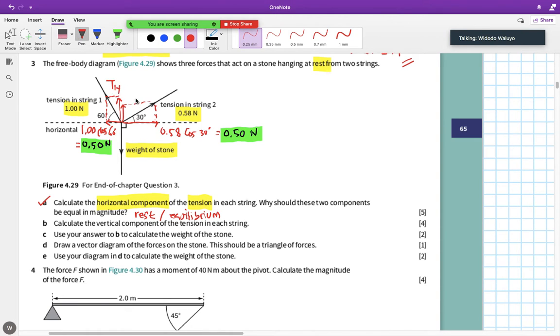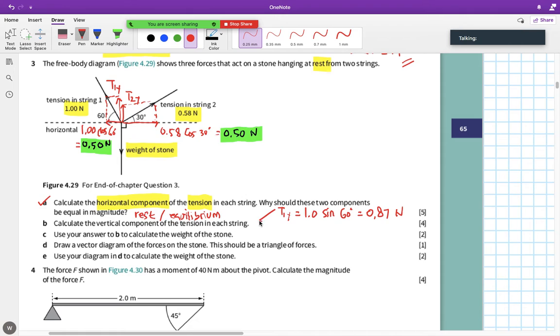T1 y equals 1.0 sin 60. We check by calculator. Sin 60 is about 0.87.